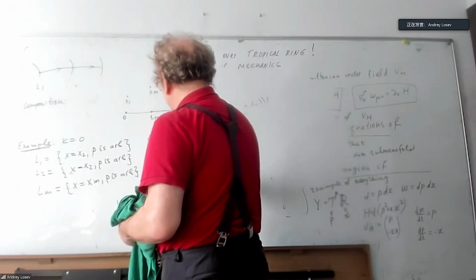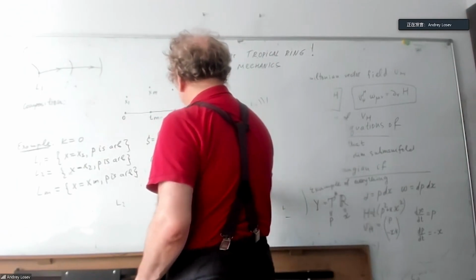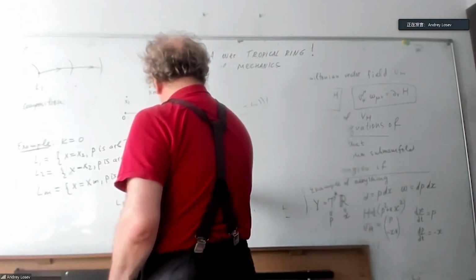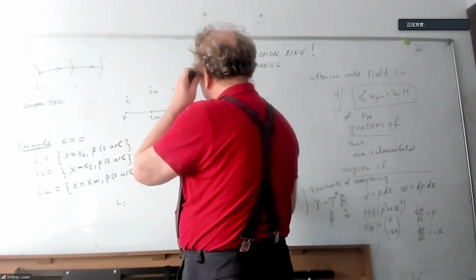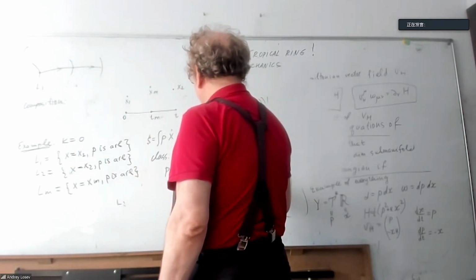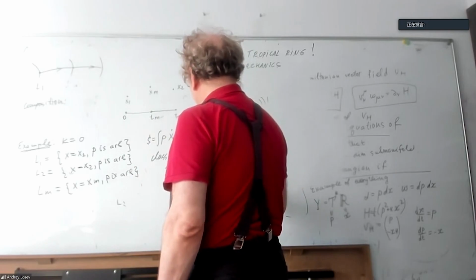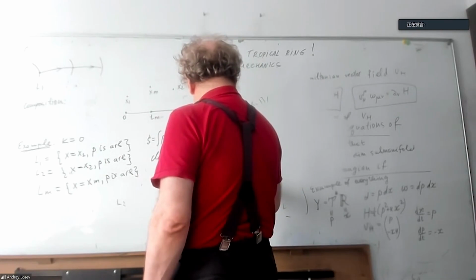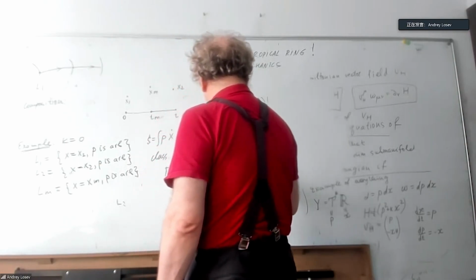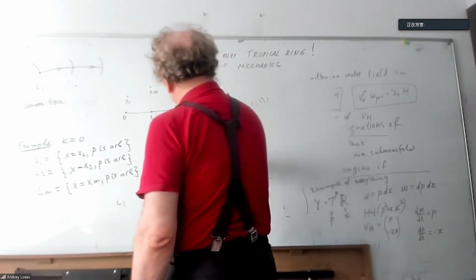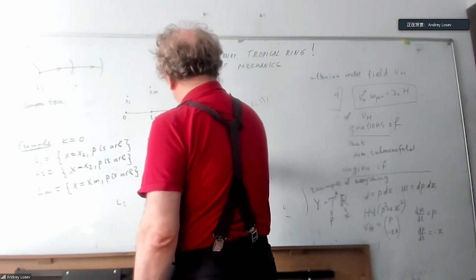So classical equations of motion are: p is constant, and x dot is, okay, p over 2 is p. I think I would like to put something like minus here.